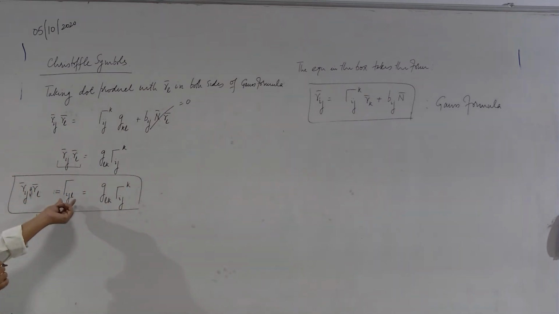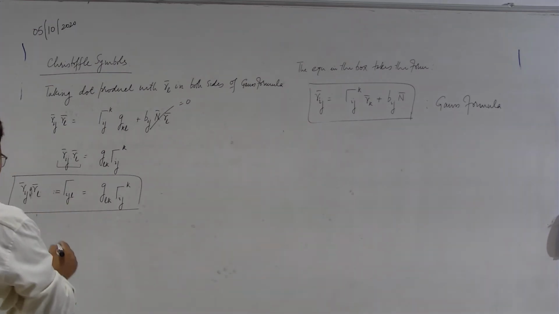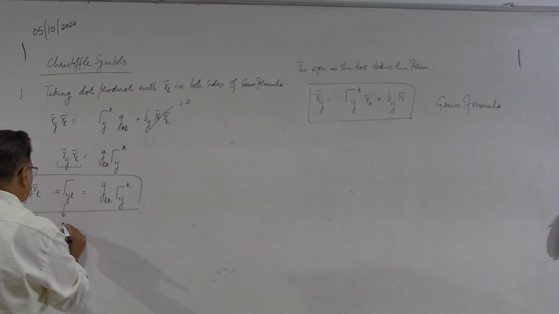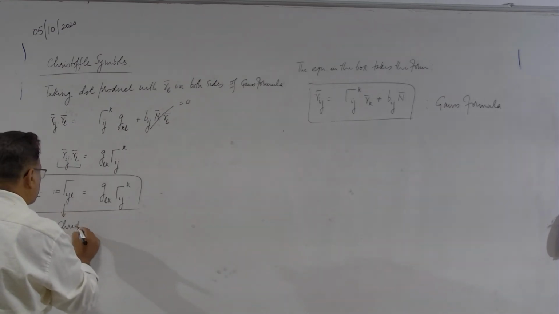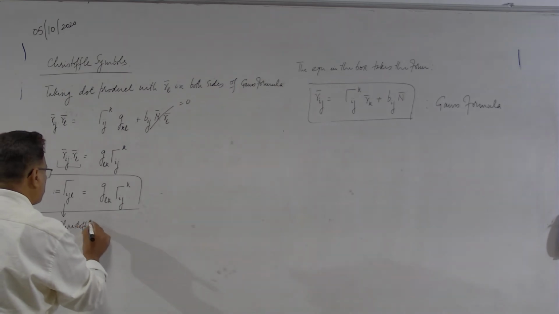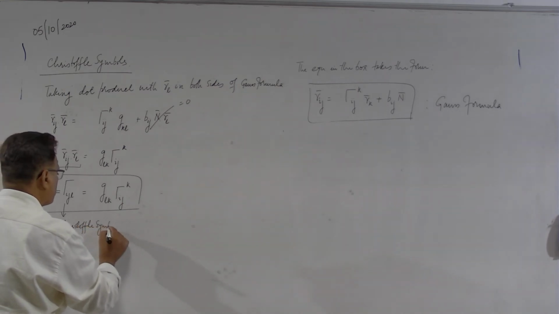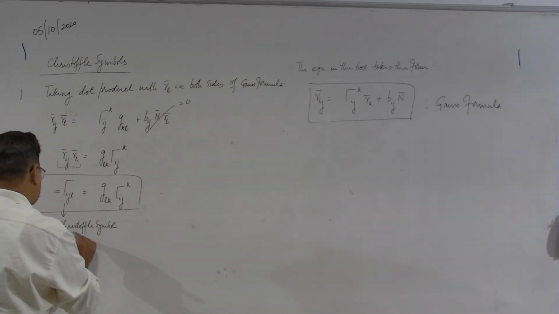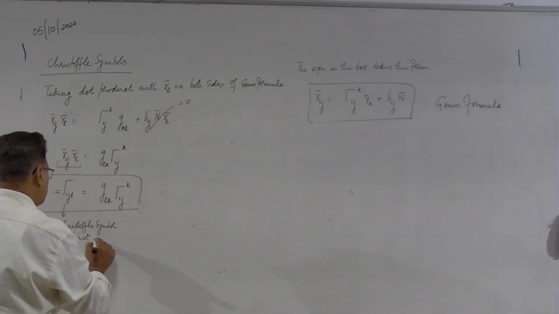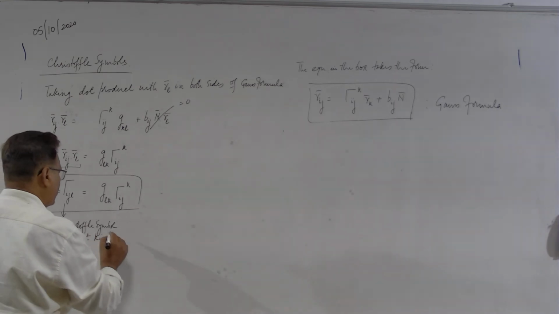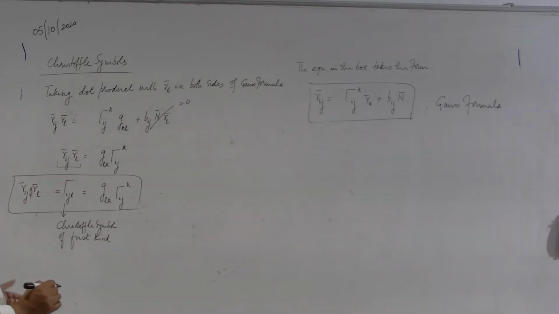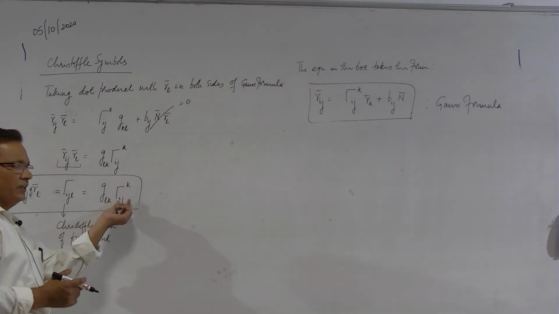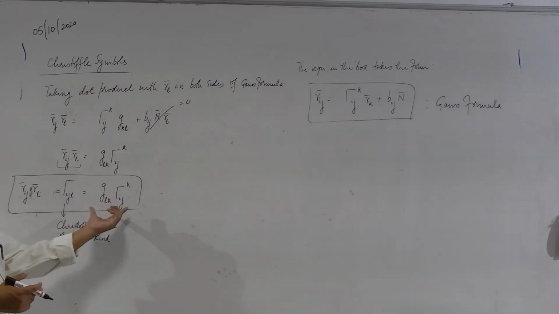Now, this new symbol I will be calling the Christoffel symbol of first kind. So, these are Christoffel symbols of first kind. इसकी ओरिजिनल डेफिनेशन क्या हुई? इसकी ओरिजिनल डेफिनेशन हुई, it is the dot product of r_ij with r_l, and how it is related with your old Christoffel symbol of second kind, it is like this.